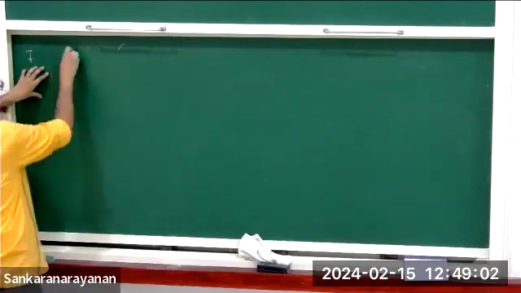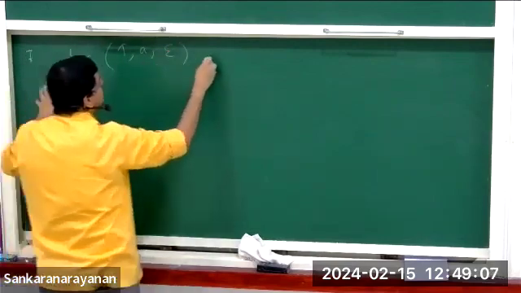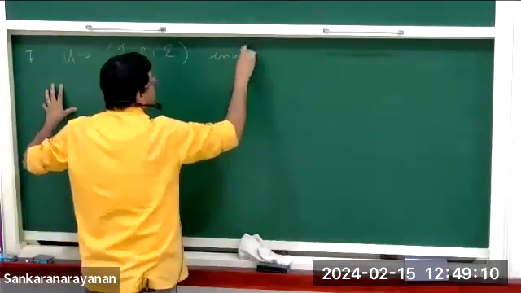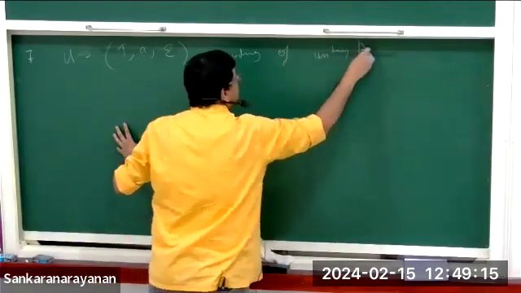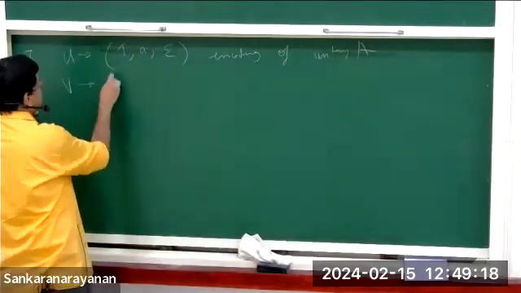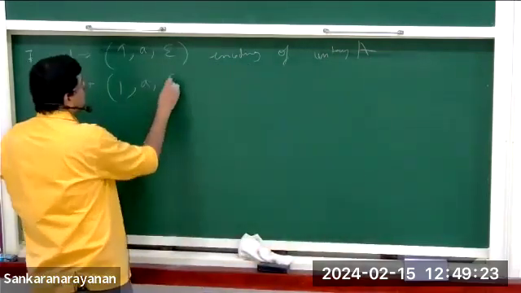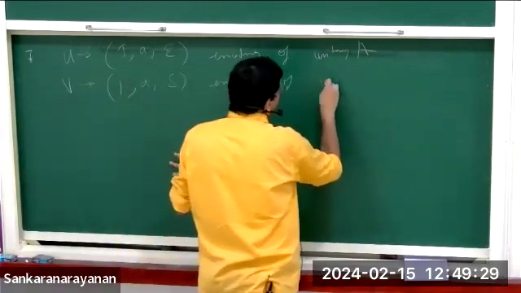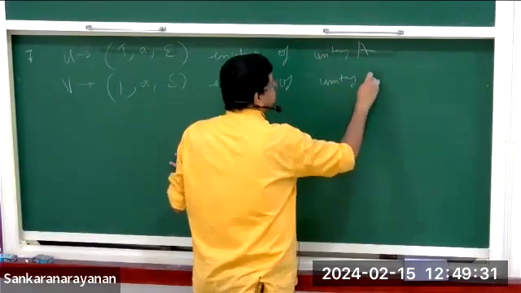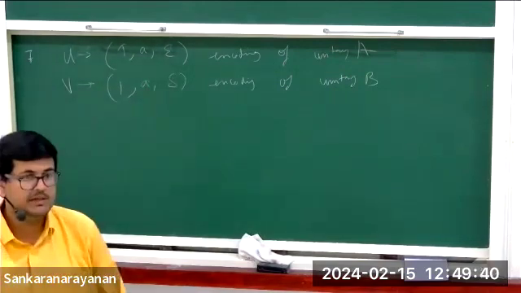So let's say U is an (a, α, ε) encoding of unitary A, and V is an (a, α, δ) encoding, same number of ancillas, of unitary B. If we do it in a normal manner, you will see that we require a plus b number of ancillas.